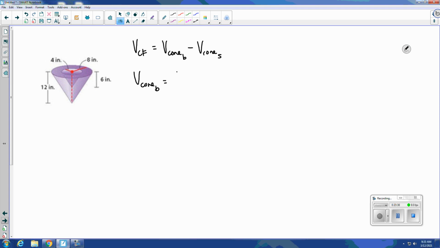The volume formula for cones is 1/3 the base area, which is pi r squared, times the height. And I just said we'll use a capital R, so let's do that. So 1/3 pi, what's the radius of the big cone? We have 8. What's my height? It's given. That thing runs perpendicular to the base, so we know that 12 represents the height. So we're going to have 4 times 64, which gets us 256 pi.